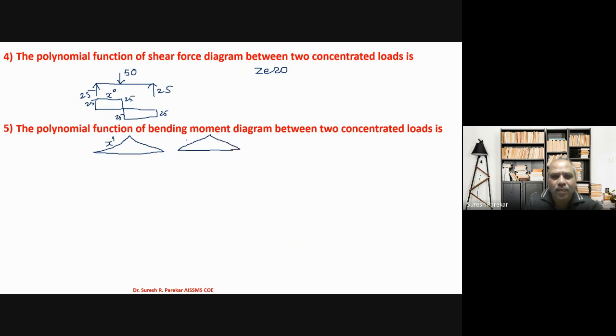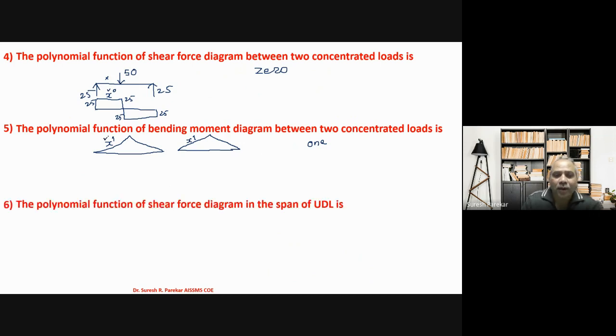So the polynomial function for the bending moment diagram is 1. Because our polynomial function increases, here we have 0 and now it is 1. Then the polynomial function of the shear force diagram in the span of UDL.